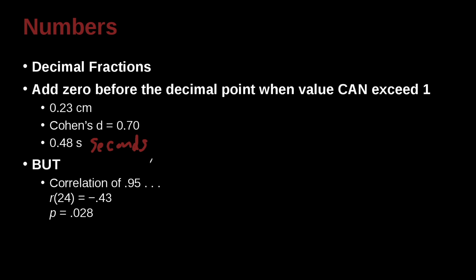But you would not do that for something like this, correlation of 0.95. You should not write 0.95 for correlation. Why? Because correlation has a range of 0 to 1, right? Correlation cannot be bigger than 1.